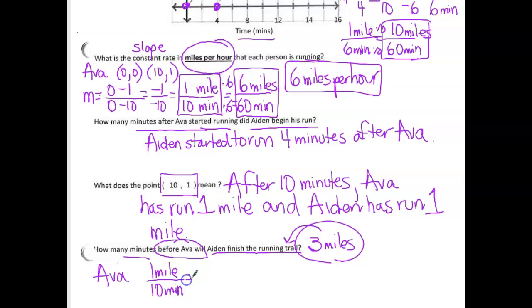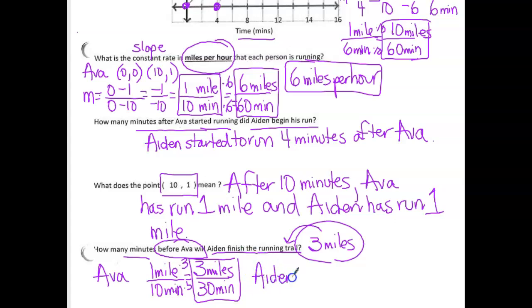So I'm going to use that idea of an equivalent fraction again. If I want to know 3 miles, this time I put it on the numerator. I'm trying to find out the denominator. So 1 mile times 3 gives me 3 miles. So 10 minutes times 3 would give me 30 minutes. So Ava runs 3 miles in 30 minutes.